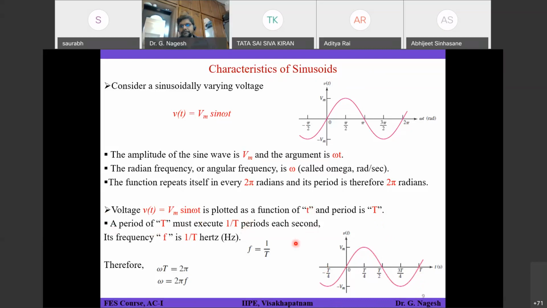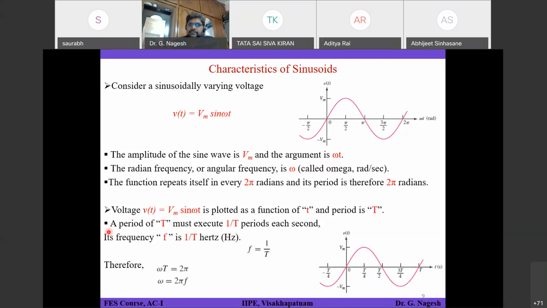The period of the sinusoidal waveform means this entire positive and negative half cycle together. If T indicates one period, then based on the speed of rotation, 1 by T periods will be generated in each second.